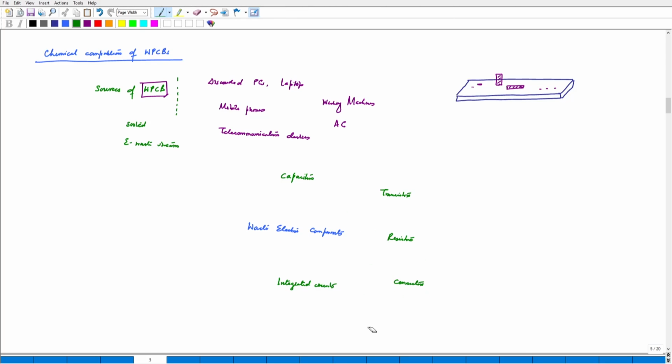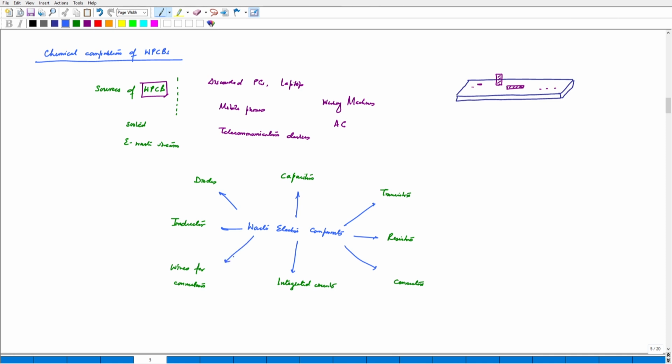So connectors, wires again for connections, inductors, diodes, and we see that these components are already present on a WPCB.